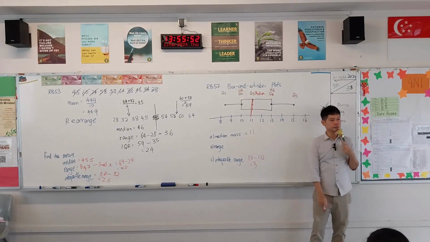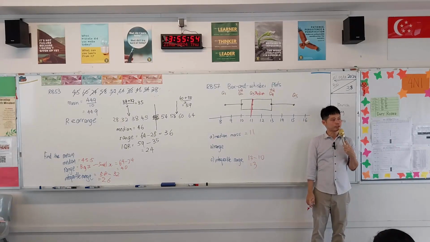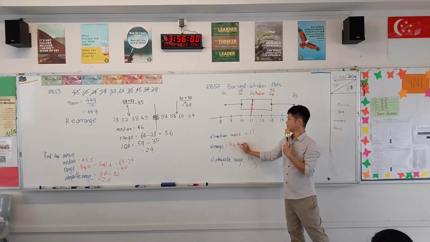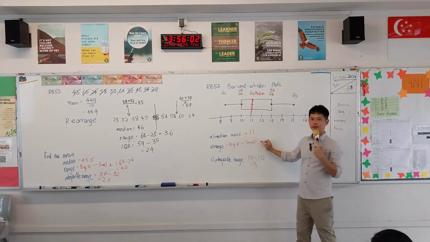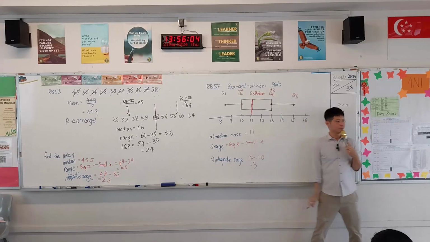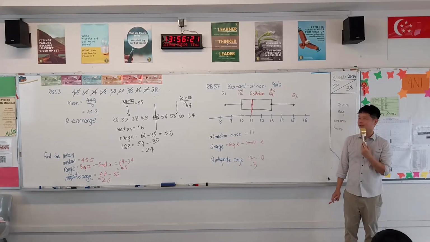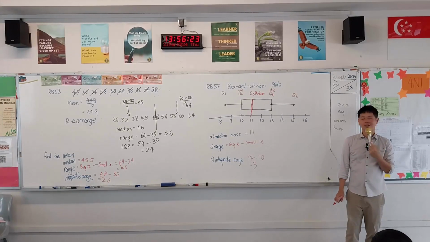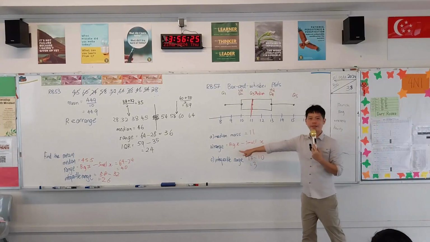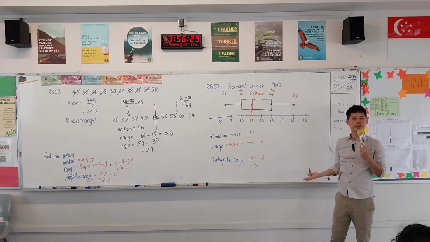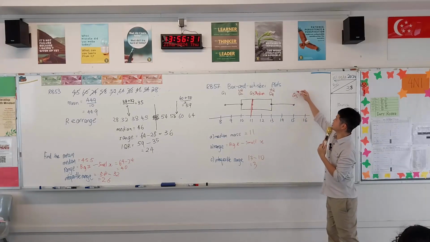Okay. Last question. What is the definition of range again for one last time? Big X minus small x. Okay, a bit tricky, but very, very simple. What is the range? How do you get the answer? Yes. So, which is the big X? Q1, Q2, Q3, Q4, Q5. Which one is the big X? Yeah, so this one is the maximum.